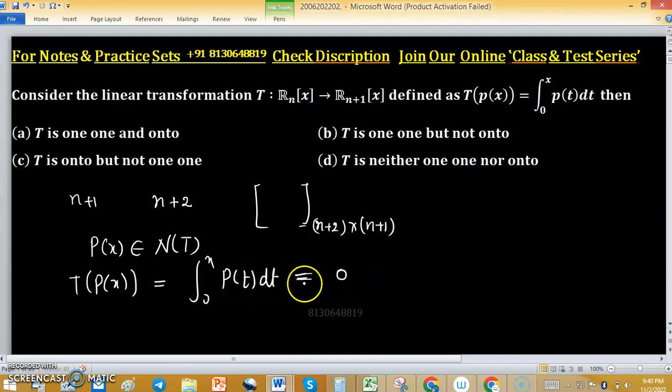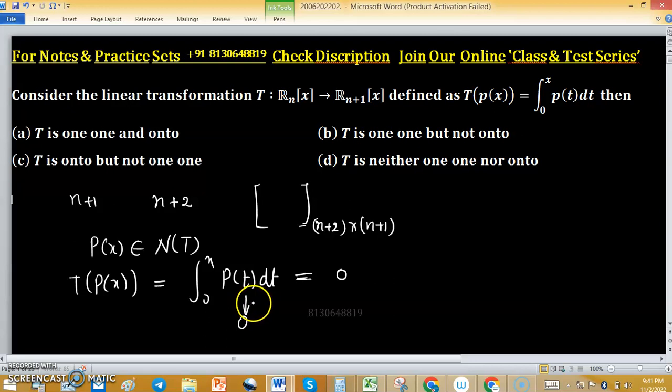This integral being 0 means the integral of the 0 function, as the integrand function is only the 0 function. Otherwise, if we have any other integrand function, then the value of this integral will be some number, because by using an integral we find area.